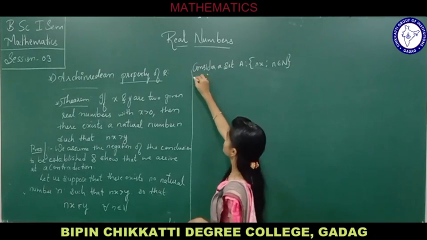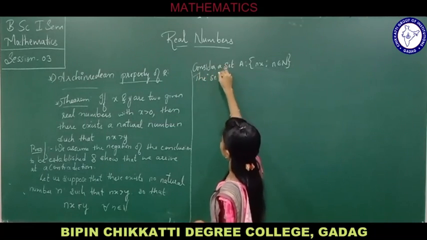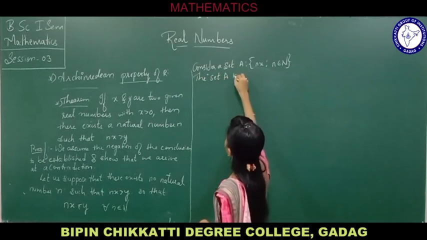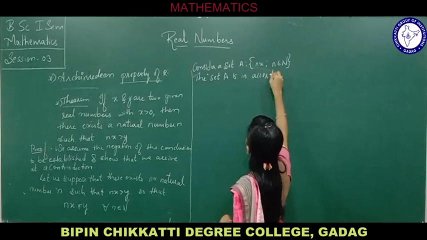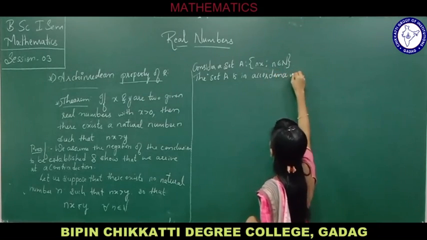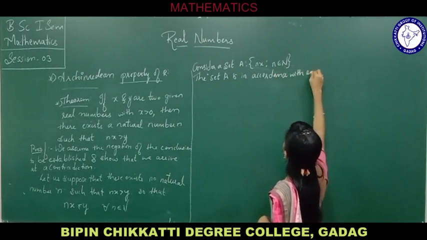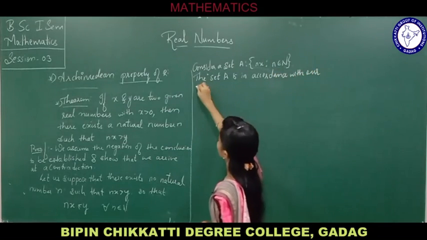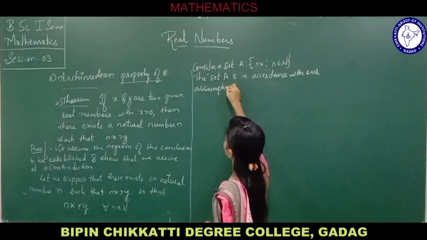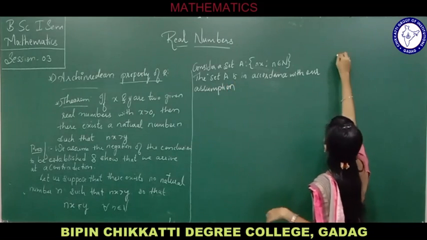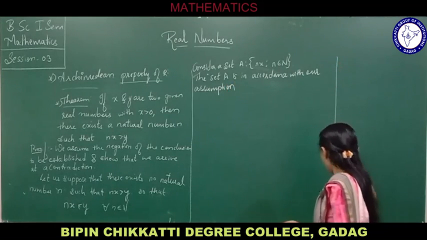The set A is in accordance with our assumption. What was our assumption? That we have no natural numbers, right?